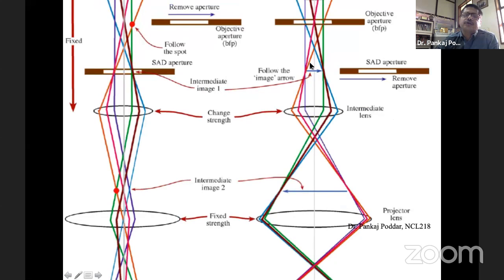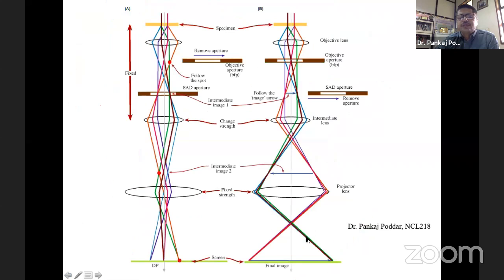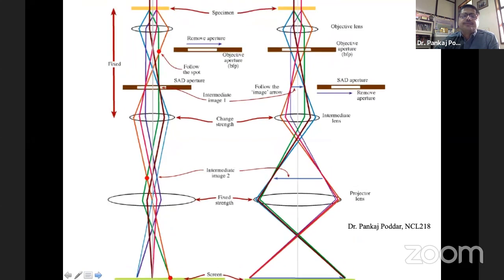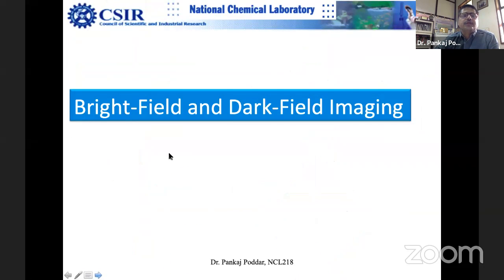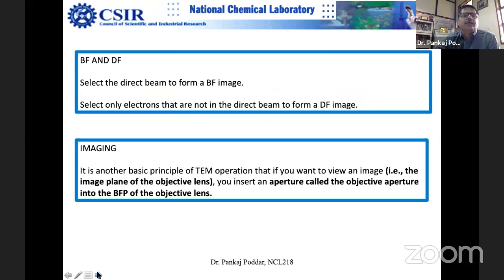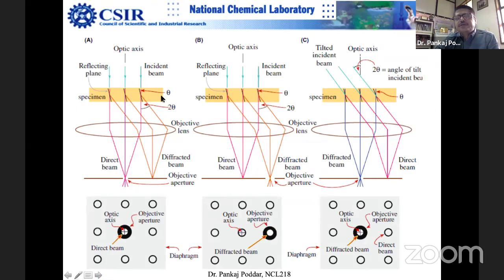Now, if you select one of these beams, either the diffracted or the direct beam, then you get the image in the image plane. Let me remove this animation. Here you can select between bright field and dark field. What is the difference between bright field and dark field? This is very simple actually.